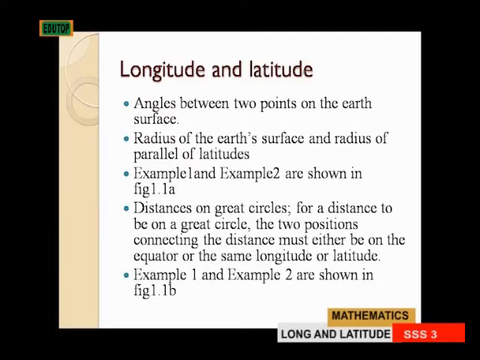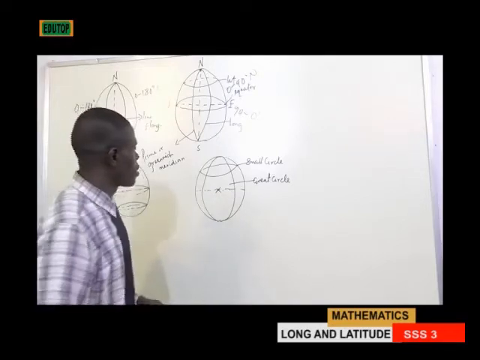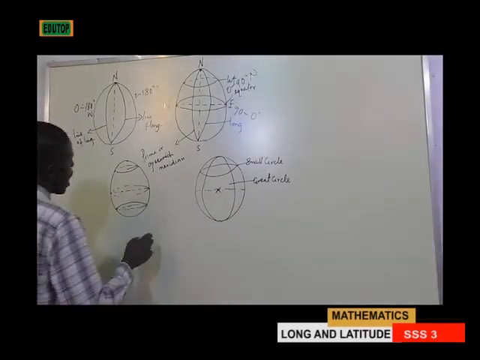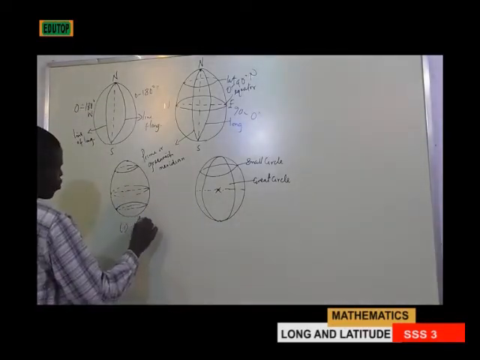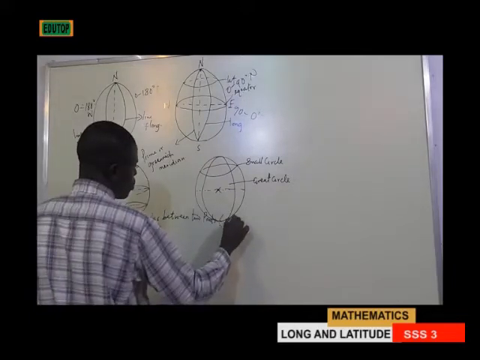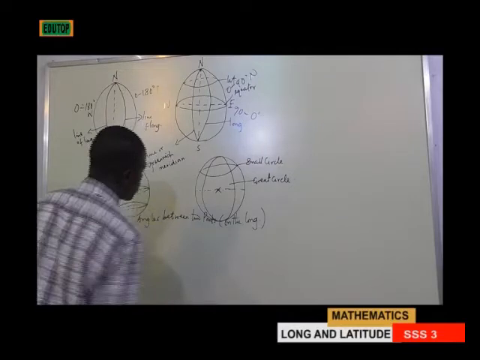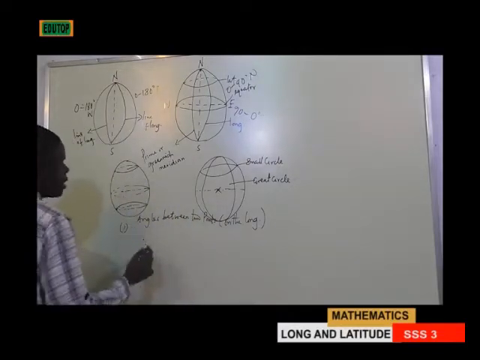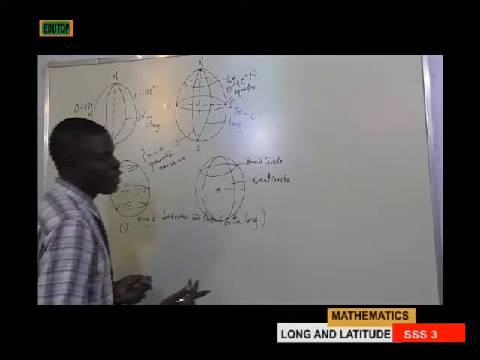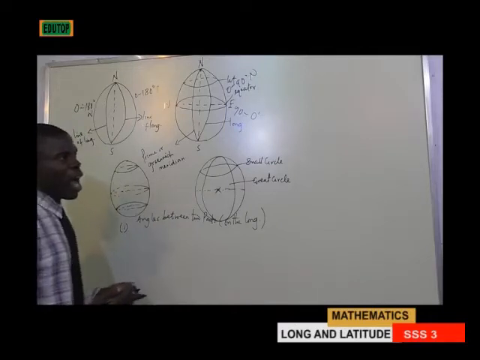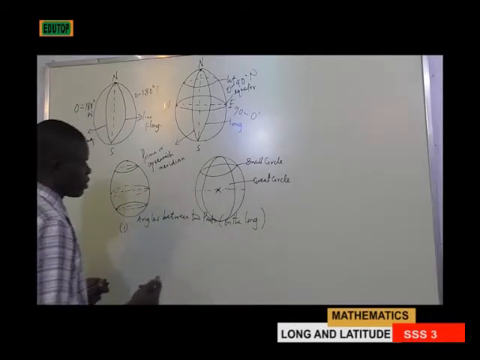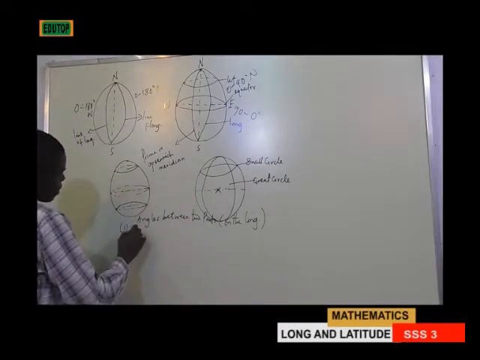Angles between 2 points on the Earth's surface can be justified as follows. When you have angles between 2 points on the longitude, denoted by long, one: when the points are in the same direction, we subtract.